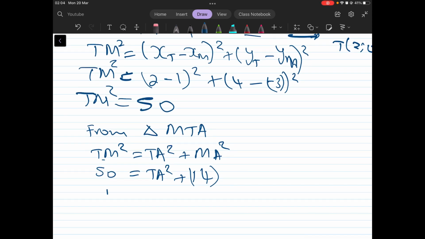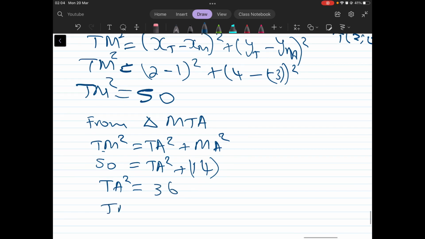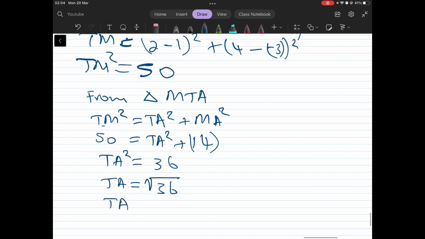Therefore TA squared equals 36. Therefore TA equals the square root of 36. As a result, TA is actually equal to 6 units. Remember, it's a length, so you just have to indicate that you're aware that this is a length, even though you don't know what the units are. Just put units there, then you are fine.